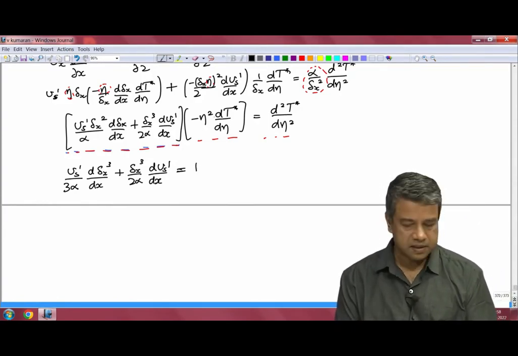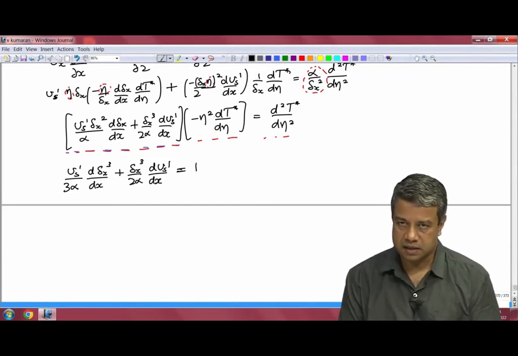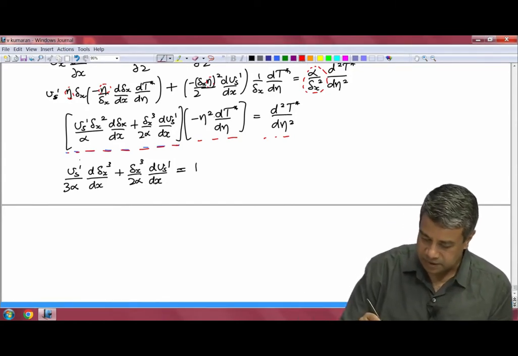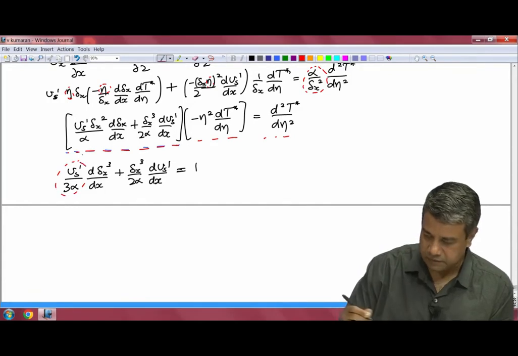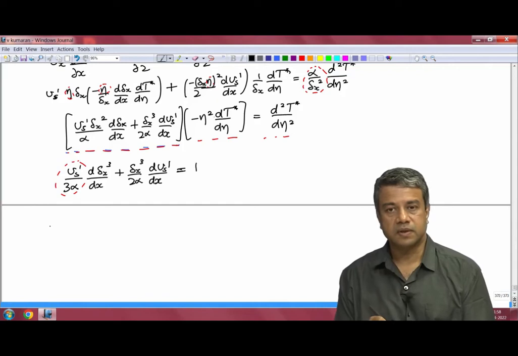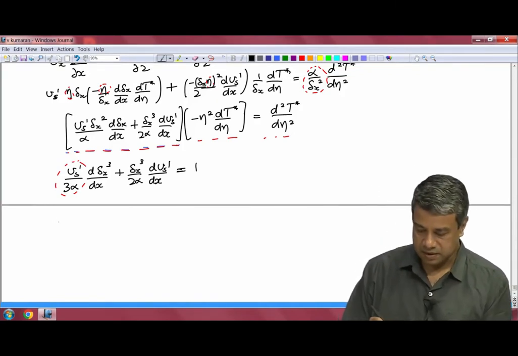I have just re-expressed delta square d delta by dx as 1/3 d delta x cubed by dx, that is all. And I divide throughout by this prefactor here to get a first order differential equation, inhomogeneous for delta x cubed.